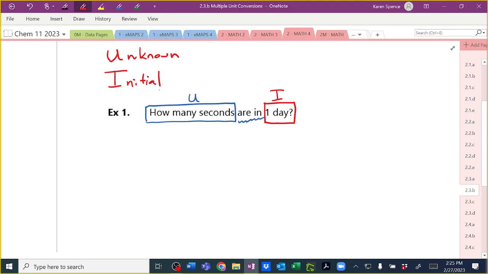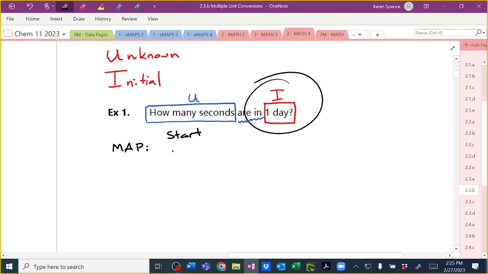Okay. And one thing that is useful to do is to draw a map of where you are starting, which is at the 1 day, and where we want to finish, which is at the number of seconds.